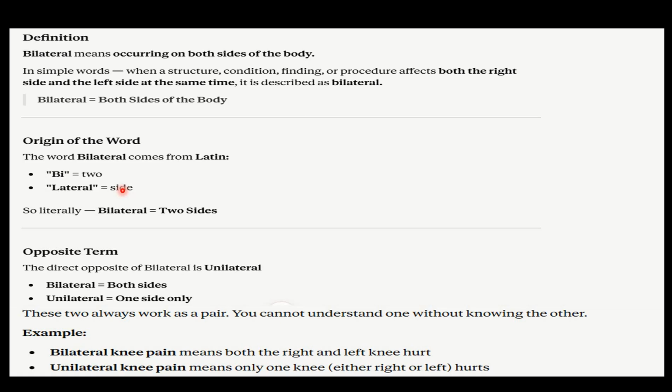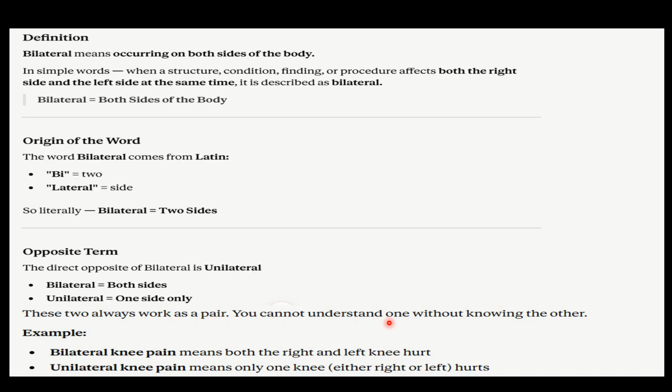Now we all know that every term has its opposite term as well. So for bilateral we have the opposite term, unilateral. Bilateral means both sides and unilateral means one side only. These two terms always work as a pair.